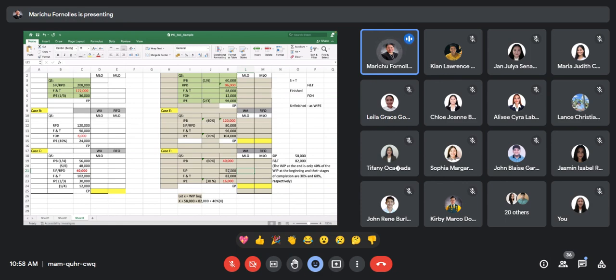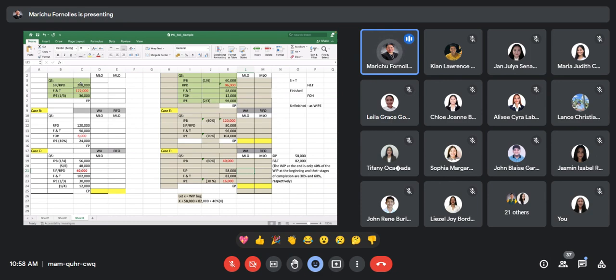So everything is wrong. So you should master the preparation of the quantity schedule, which is the first step in the making of the monthly cost of production report.